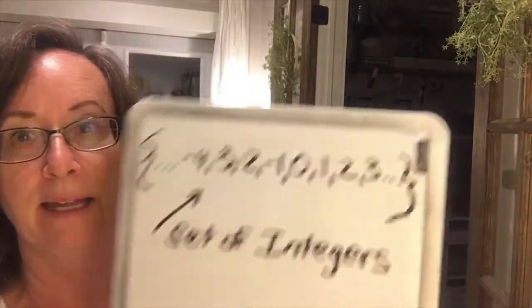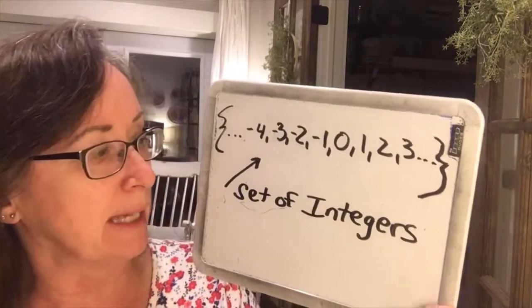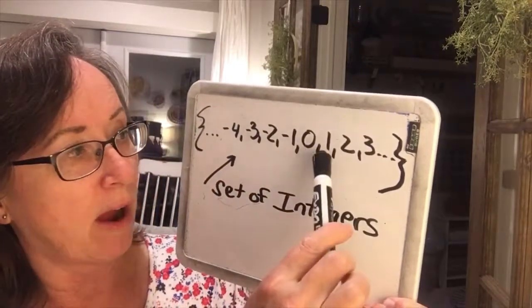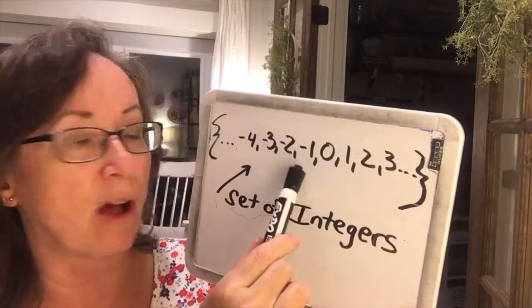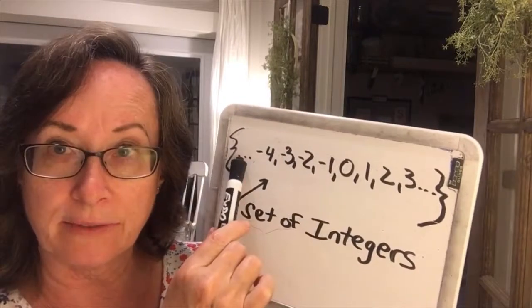Now we have one very important set that we usually see labeling our number line. And this is the set of integers. The set of integers are the natural numbers plus 0 plus all the opposites of the natural numbers. These are called negative numbers.